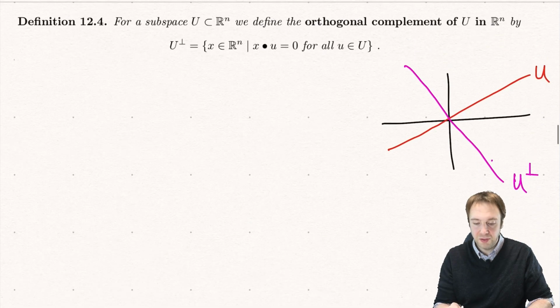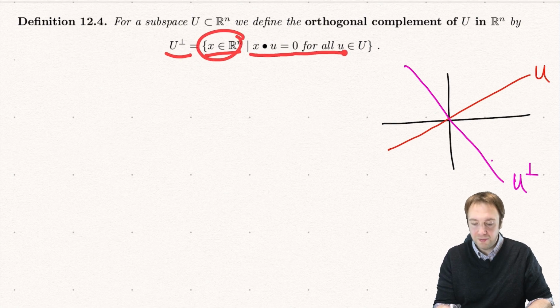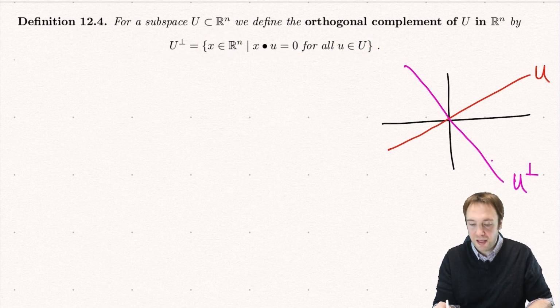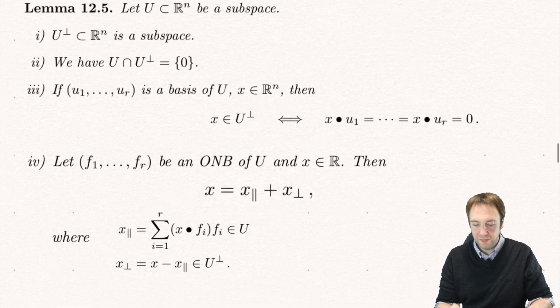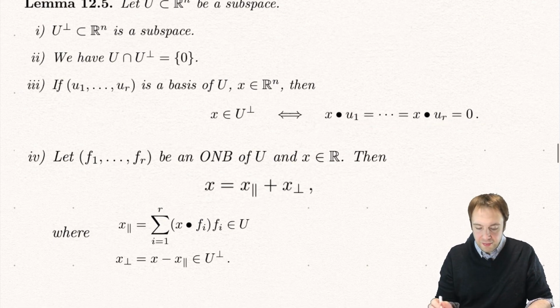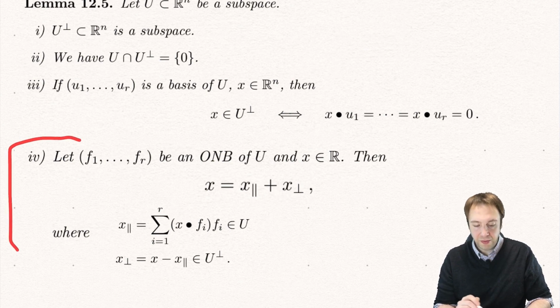If you look at the definition here, the orthogonal complement is the set of all vectors which satisfy these conditions for all elements in U, and usually U contains infinitely many elements, but you don't need to check these infinitely many conditions. You just need to check that this is the case for the basis elements. And then a really important property is this one here.